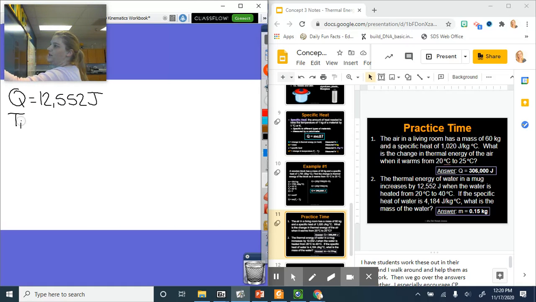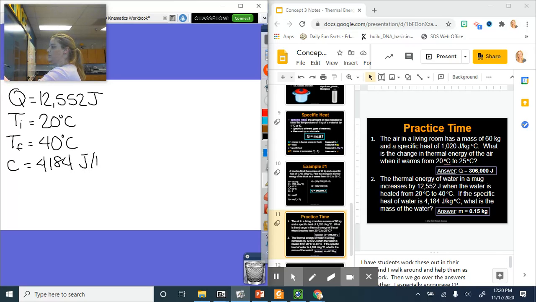So I started at an initial temperature of 20 degrees Celsius and I ended at a final temperature of 40 degrees Celsius. If the specific heat of water, so that's my C, is 4,184 joules per kilogram degrees Celsius, what is the mass?